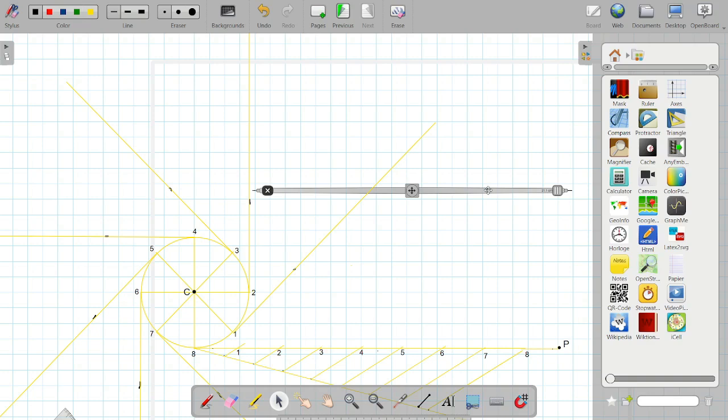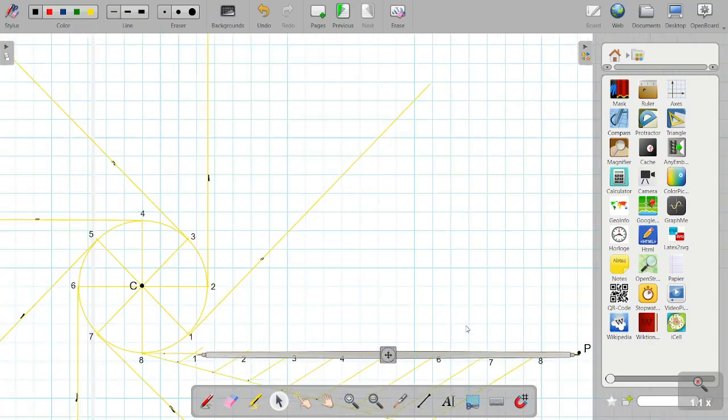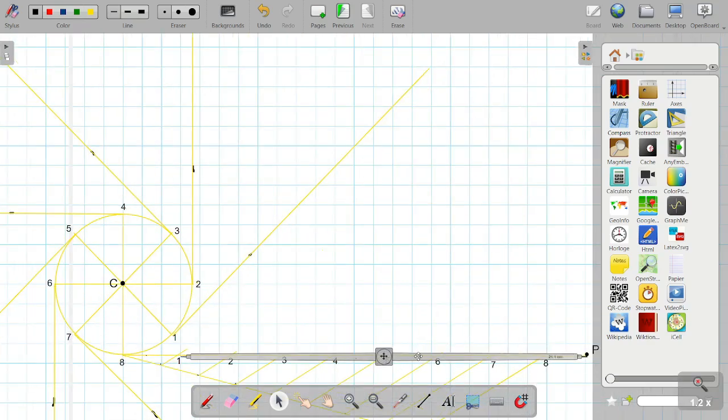Now starting with the construction part, we have to measure the distance from point 1 to point P. It should be measured from point 1 to point P, not to point 8, because the length of the string is more now.